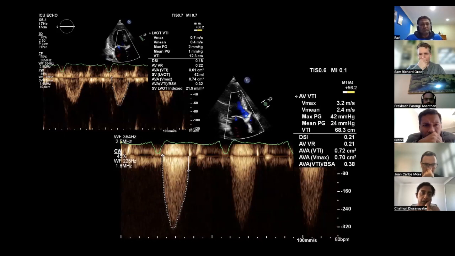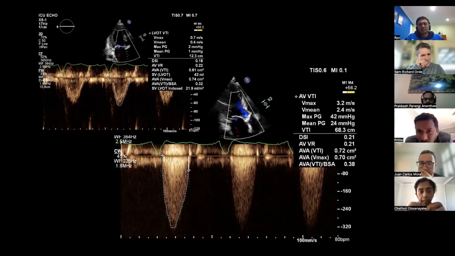So this is the LVOT VTI at the top in the apical 3-chamber. So the LVOT VTI is 12.3, so down, better than I thought it was going to be.